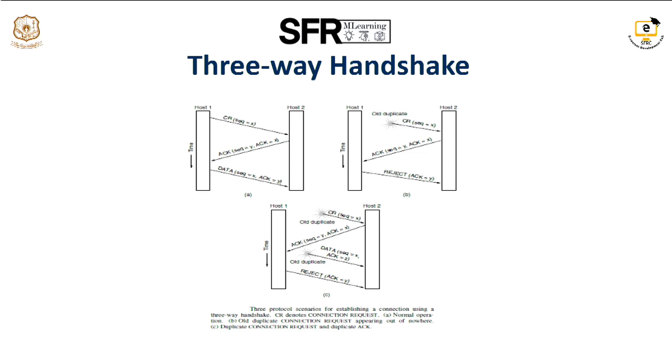When host 1 rejects host 2's attempt to establish the connection, host 2 realizes that it was tricked by a delayed duplicate and abandons the connection. In this way, a delayed duplicate does not damage the connection. Diagram C explains the worst case of the three-way handshake, when both a delayed connection request and an acknowledgement are floating around in the subnet.